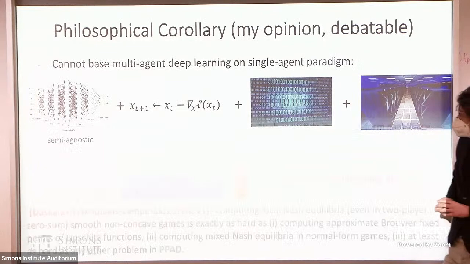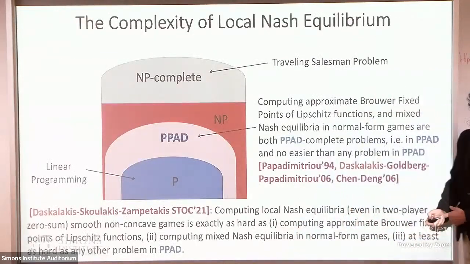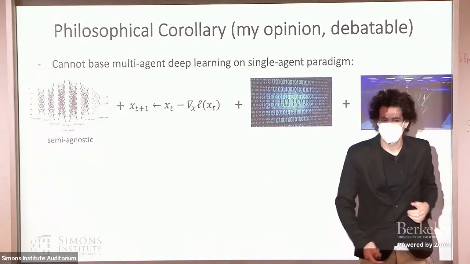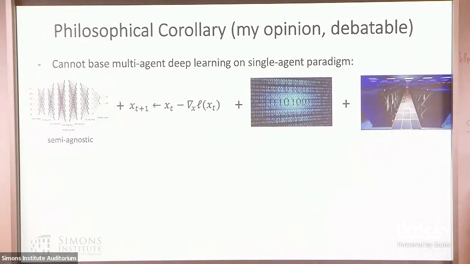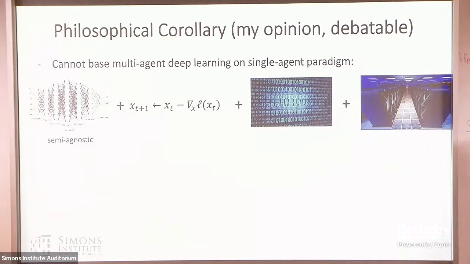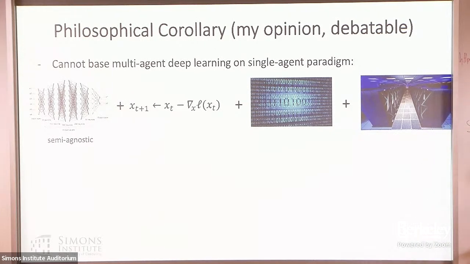But what I want to draw from that, and don't throw tomatoes or eggs at me, is a philosophical corollary. My claim is that because of these complexity results that arise in computing local Nash equilibria, we cannot extend the deep learning paradigm simply to the multi-agent setting.